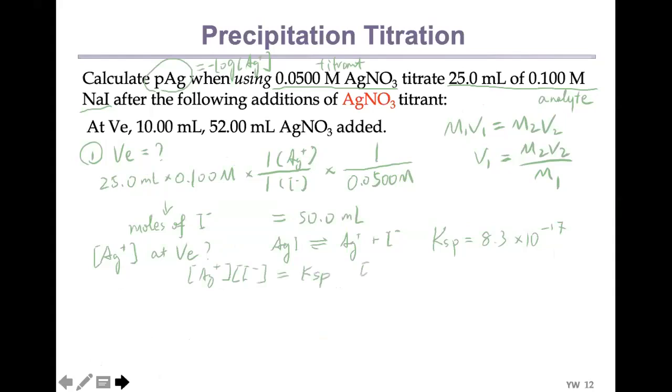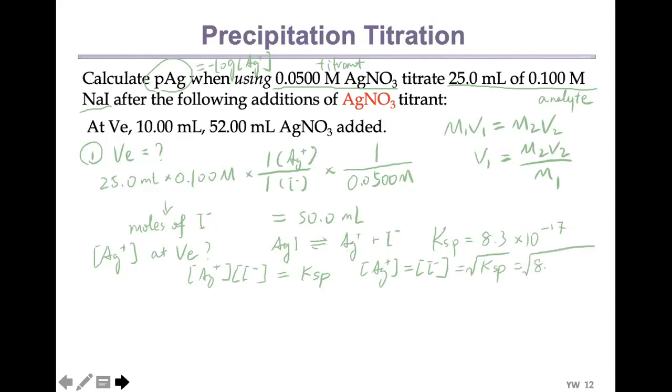And the silver ion concentration equals the iodide concentration, because both of them come from the precipitate. Again, at the equivalence point, everything goes to the precipitate, and then the precipitate will establish an equilibrium by dissolving in the solution a small amount. So you get equal amounts of silver and iodide. And then you just take the square root of KSP.